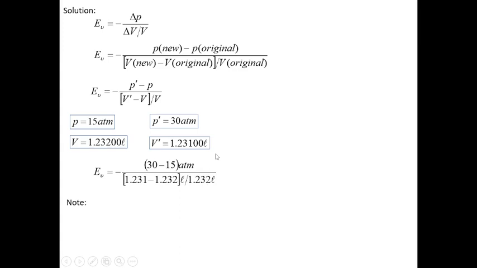Note that 1 atmosphere is 101,325 Pascal. You learned that in thermodynamics. We multiply by 101,325 Pascal for every atmosphere. So we have 1.87249 times 10 to the 9 Pascal. That is our answer.